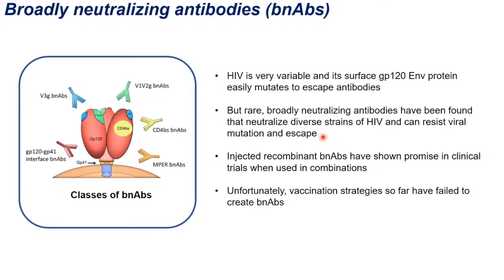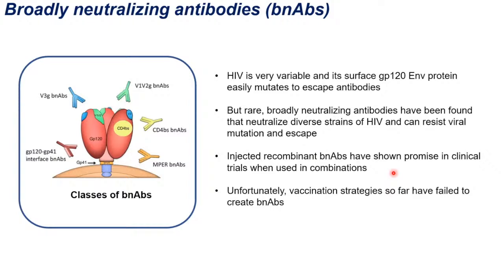As a result, people can make these BNAbs as recombinant proteins, like monoclonal antibodies, and they can be injected into somebody. They're starting to show promise in clinical trials as a sort of biological drug, especially when more than one BNAb is used.